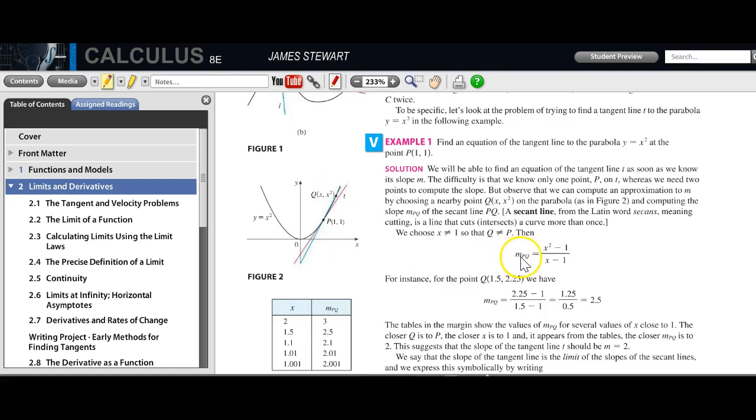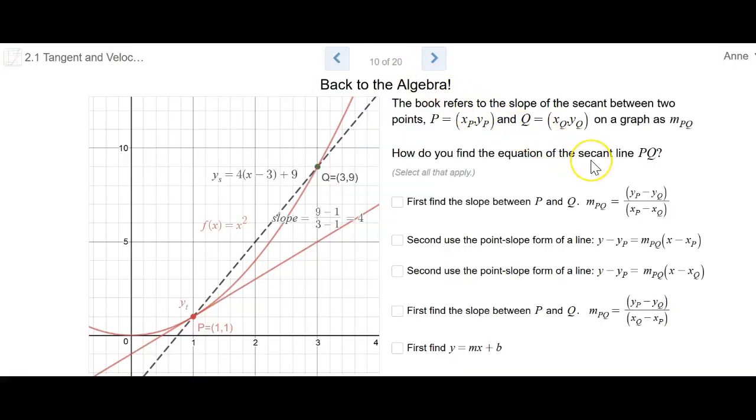So it refers to the slope of that secant line as m sub PQ. I've adopted that terminology here. You have homework questions that are going to ask you how to find the equation of a secant line. And remember, it's just finding the slope, and you're going to have 2 points on the line, so you can find the slope, and then remember the point-slope form of a line. I'll leave answering these questions to you.